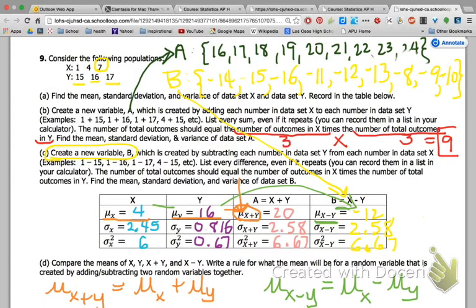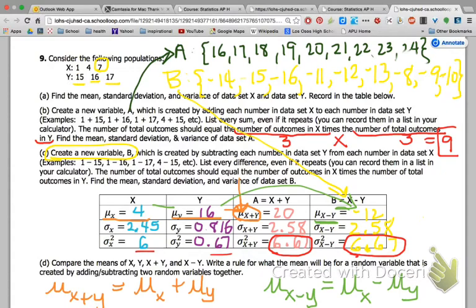Now, what about standard deviation and what about variance? Do you notice anything there where things maybe perhaps have added or subtracted? And hopefully what you noticed is that this is in fact the sum of these two. And wait, so is this.